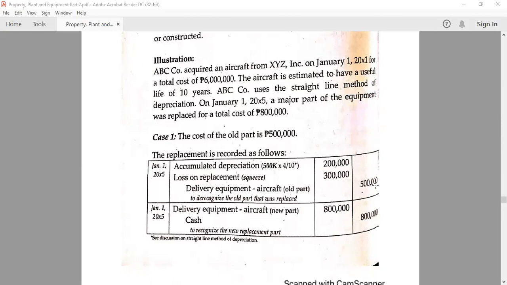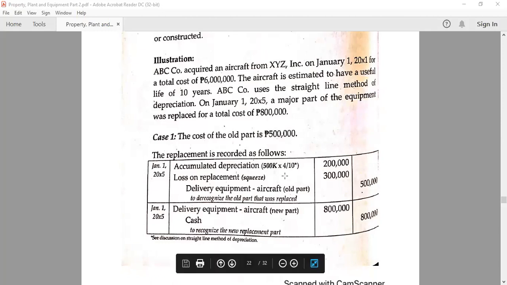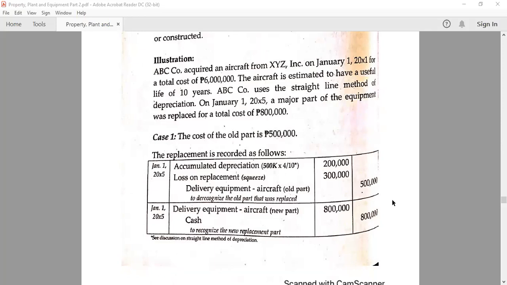For the accumulated depreciation, we count from 20x1 to 20x5. That's 4 years. We exclude 20x5 because that's January 1, not an exact year. And that's 4 over 10. The difference between the cost, 500,000, and the accumulated depreciation is the loss. So we treat it as a loss.